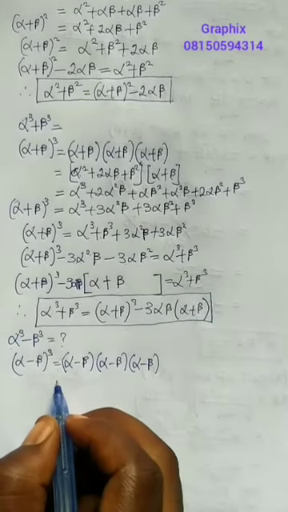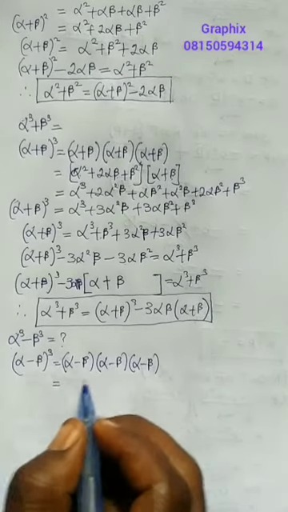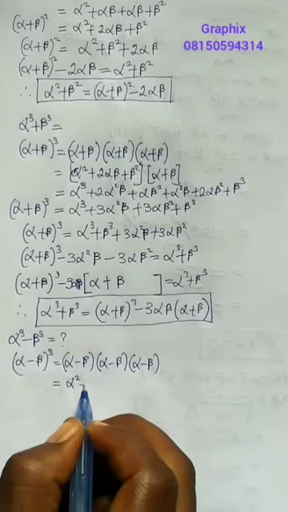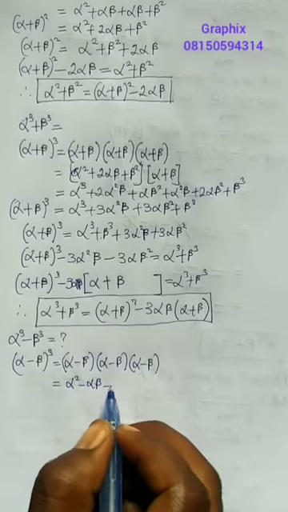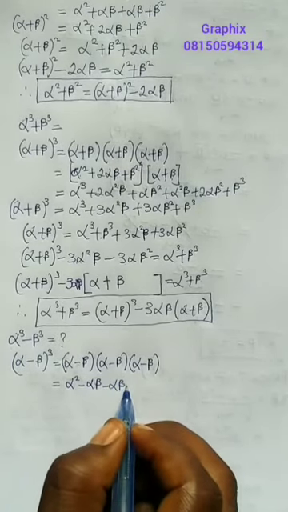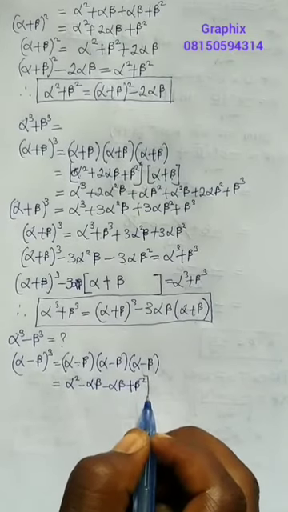Now if I expand, I'll take 2 at a time. If I take these 2, alpha times alpha, we have alpha squared. Alpha times minus beta will give you minus alpha beta. Minus beta times alpha will give you minus alpha beta. Minus beta times minus beta will give you plus beta squared, because minus times minus is plus. Right?